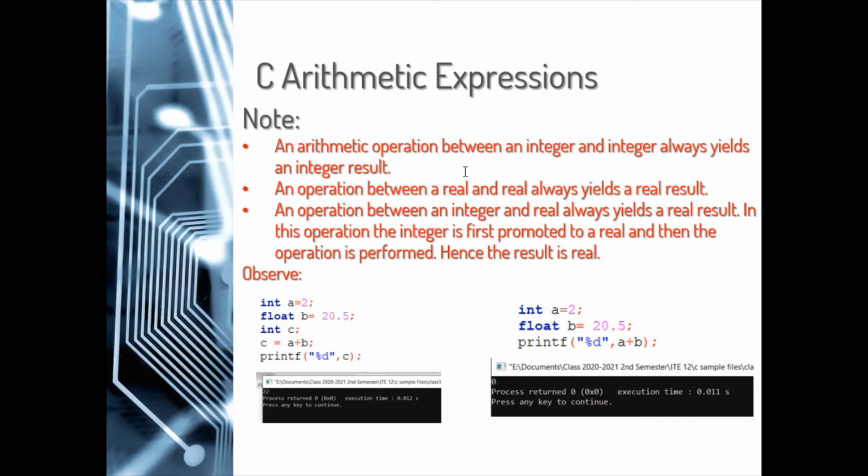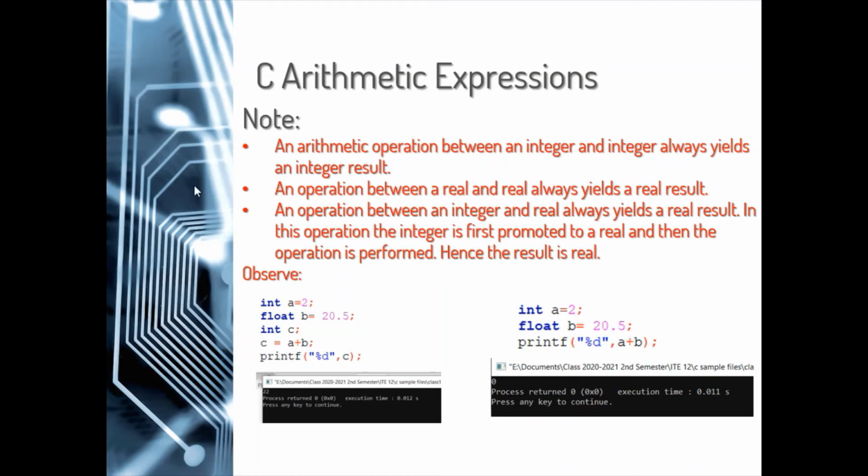Of course, if a real or floating value is operated with a floating value, the result will always be a floating value. But if an integer is operated with a real value, the result is real. If you add an integer to a float, the result is float.